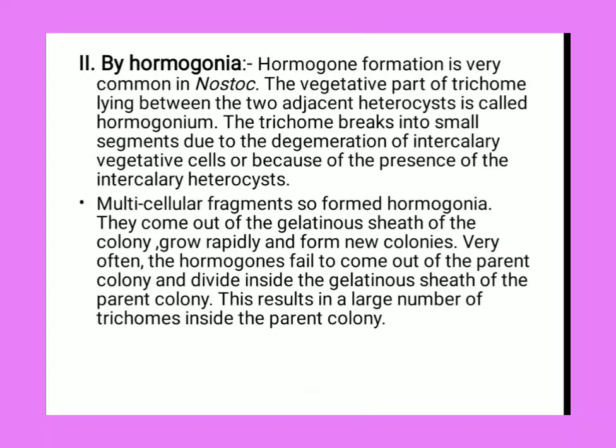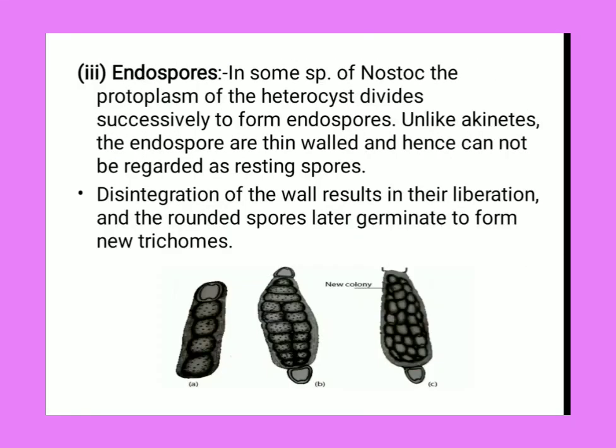And then the second is hormogonia. Hormogonia formation is very common in Nostoc. The vegetative part of the trichome lying between two adjacent heterocytes is called hormogonia. Okay, first of all, what is hormogonia?